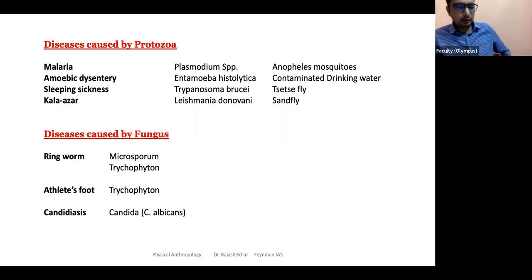Some people develop rashes on the beard because of fungal infection, and especially in the genital areas, where moisture gets trapped, fungal infections normally show up.